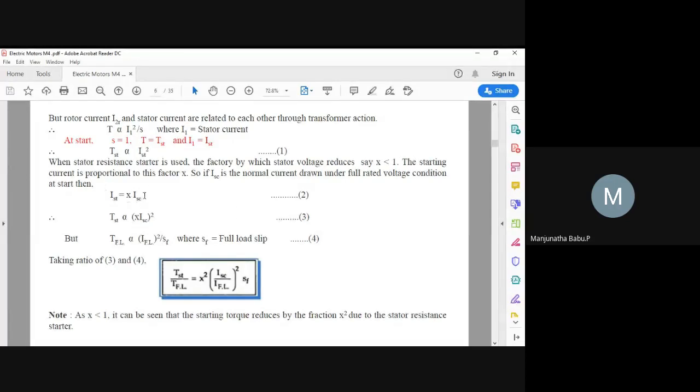If you see this formula, I start is equal to X into ISC, so that is X square. Now X square is 0.7453 into 6 into full load current.